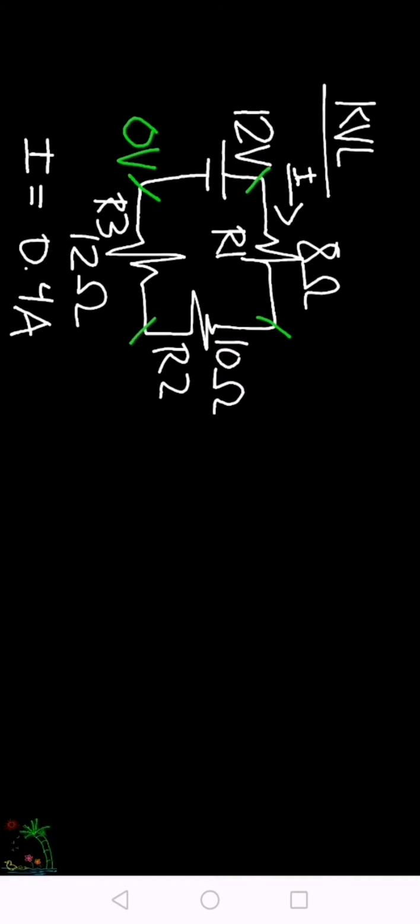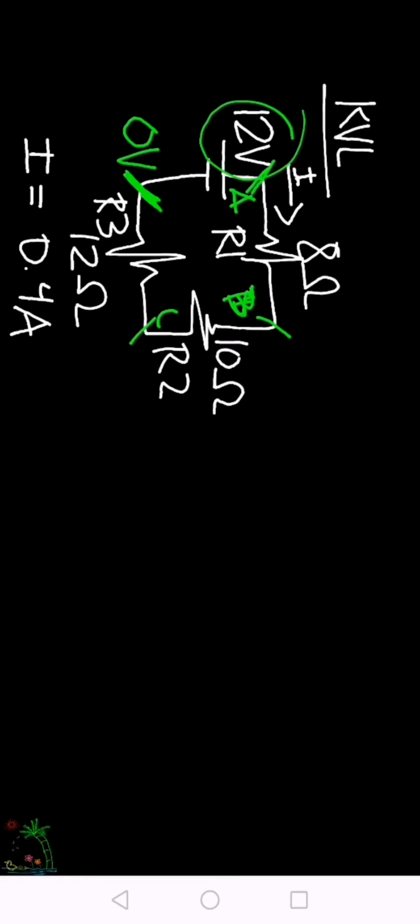So let's say this is point A, point B, and point C. So notice that the potential difference of the battery is 12 volts.